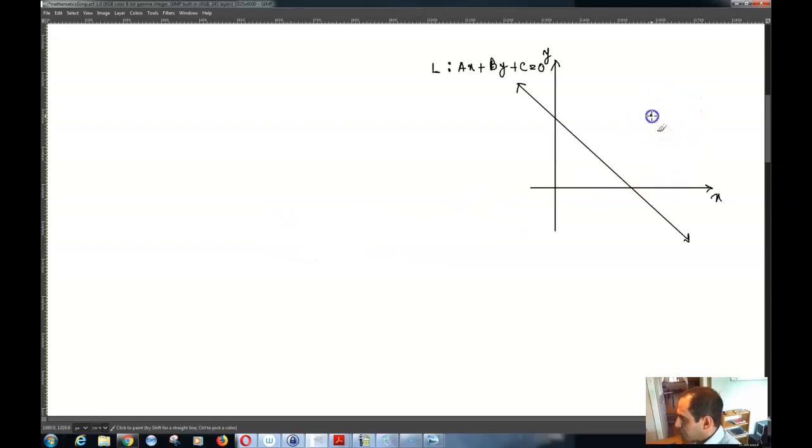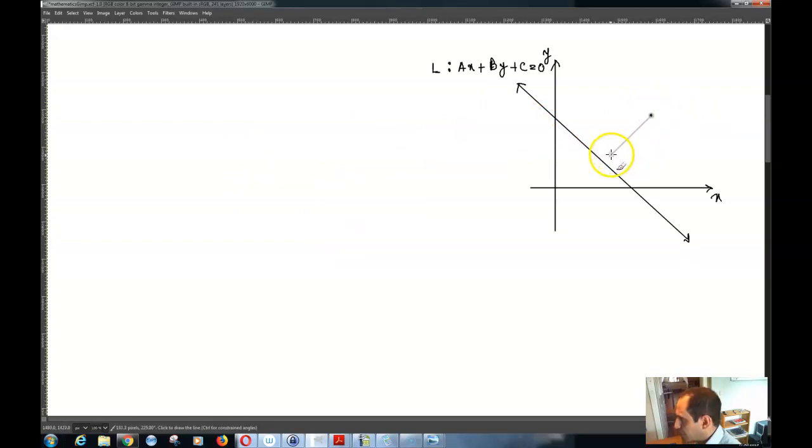So basically in geometry, whenever I have seen distance in the past, that meant perpendicular distance.